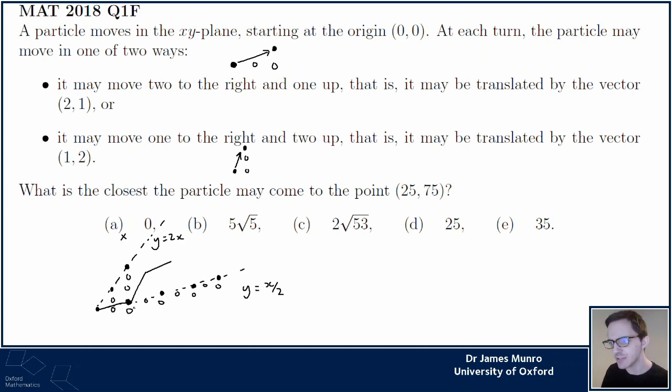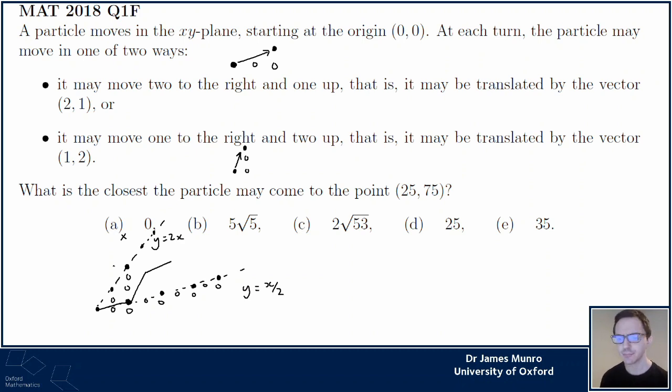So we can't get to the point (25, 75), but we'll get close if we're on the line y equals 2x. So we hit all of the integer points on the line y equals 2x. I think that's true. Yes, we move 1 across each time, going up 2. So we hit all of the integer points on y equals 2x. And I suppose we want to find the closest one of those to this point.